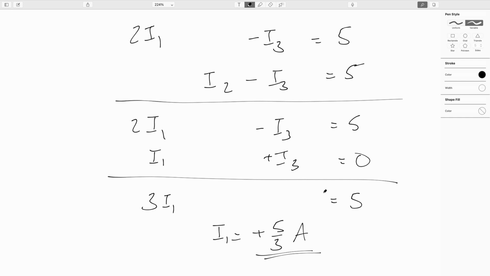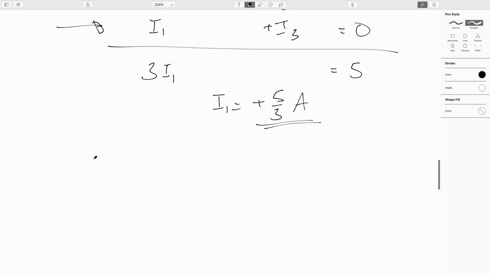Yay. Now that I have I1, this equation here will immediately give me I3. I immediately get that I3 is equal to negative I1, which is negative 5/3 of an amp. Oops, I have a minus sign there.